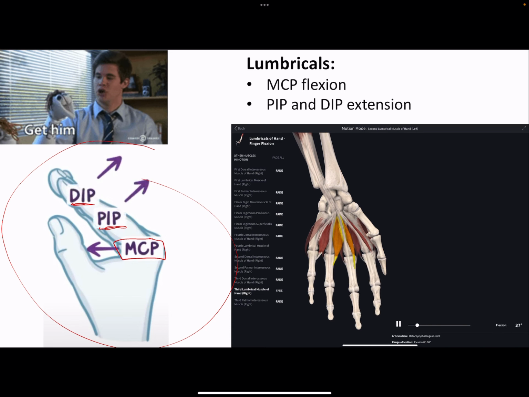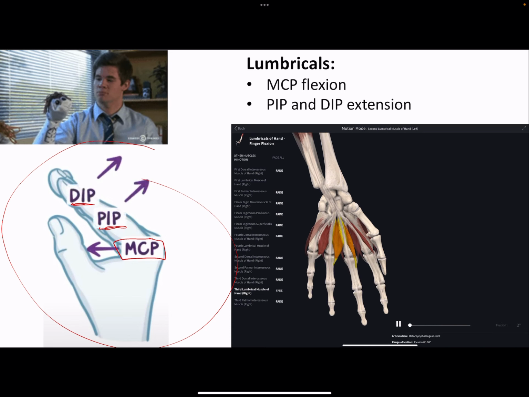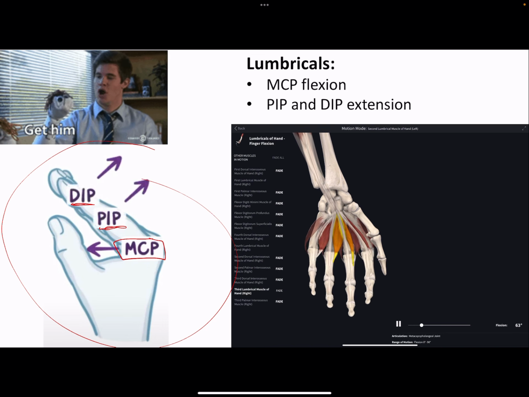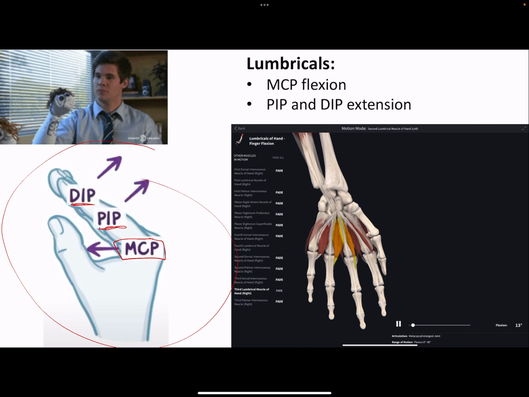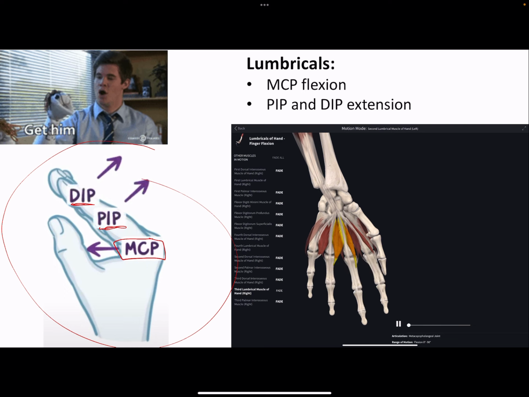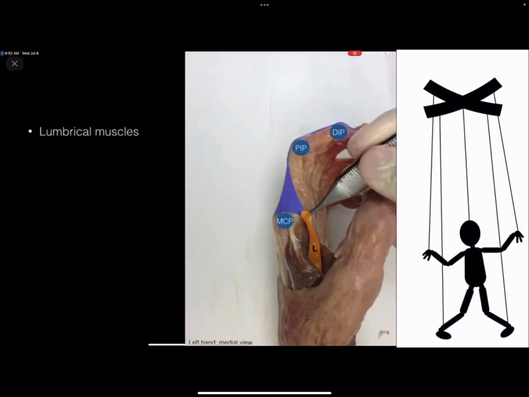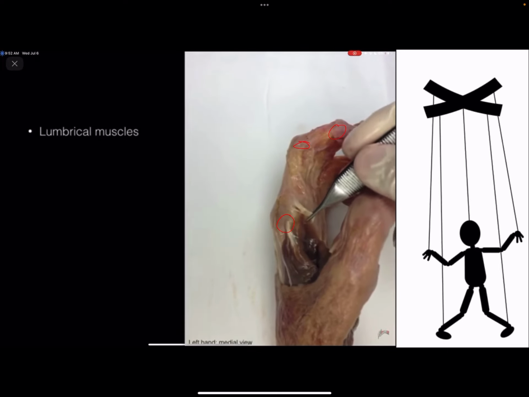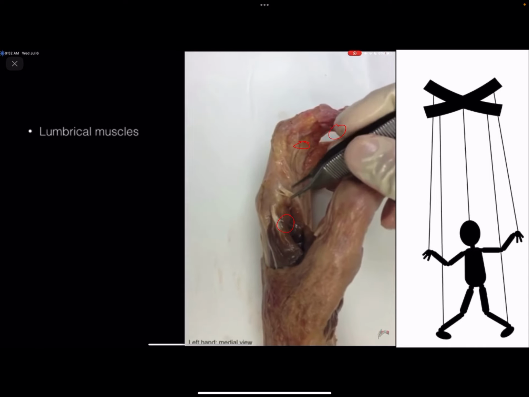Pretty much everything extension is radial, but the lumbricals for digits 2 and 3 will be the median nerve, and digits 4 and 5 will be the ulnar nerve. Just a reminder that we are all giant meat puppets being pulled by strings. MCP, PIP, DIP. Look at the flexion versus extension, just like we saw.